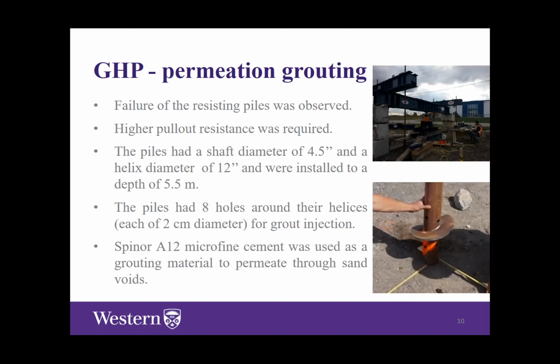If the amount of silt is high, or if the voids are very small, the permeation or movement of ordinary Portland cement grout into the voids will not be okay. So we used what is called microfine cement. It has a much smaller cement particle size.